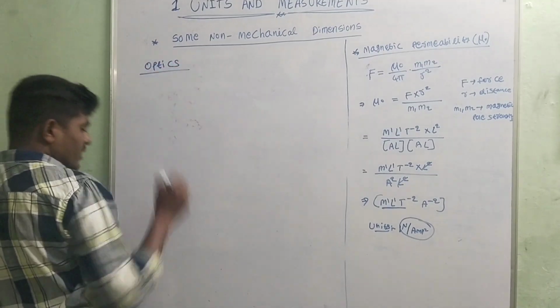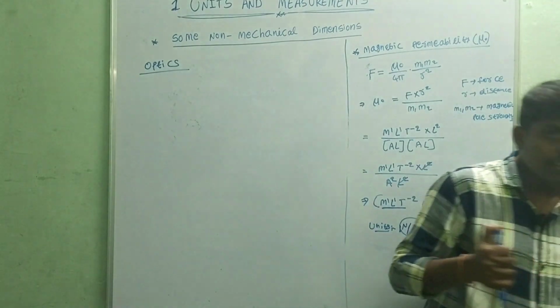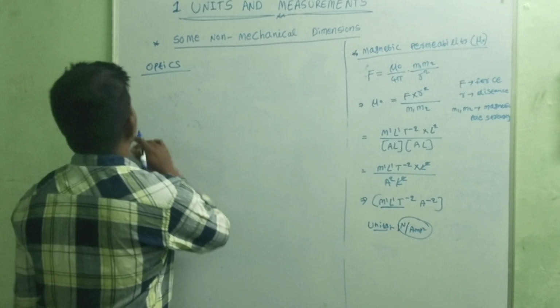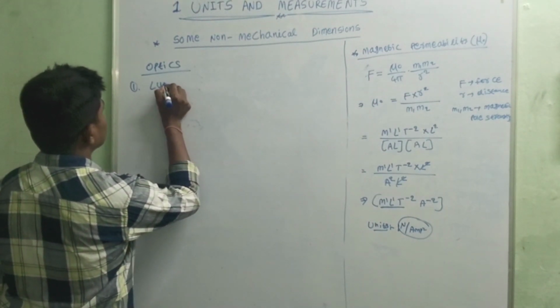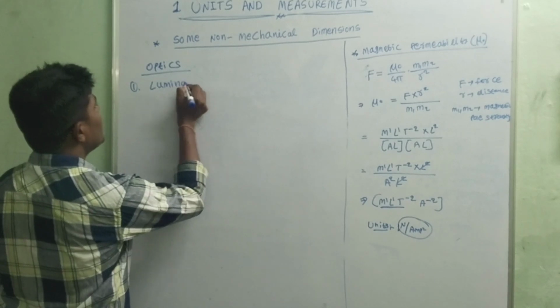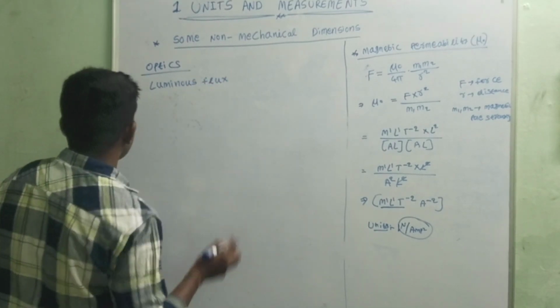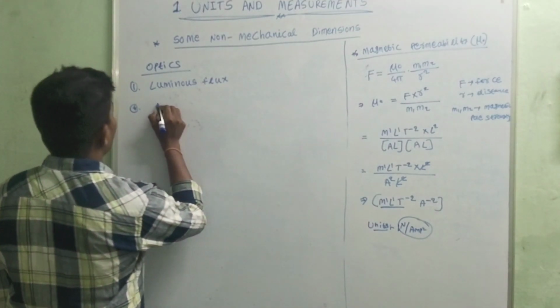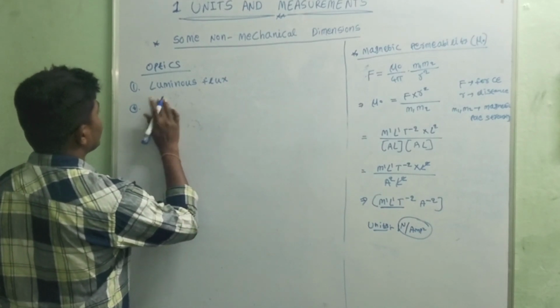In optics, we can write the dimensions of some physical quantities. First is luminous flux. Second is the dimensions of brightness, illuminance or brightness.